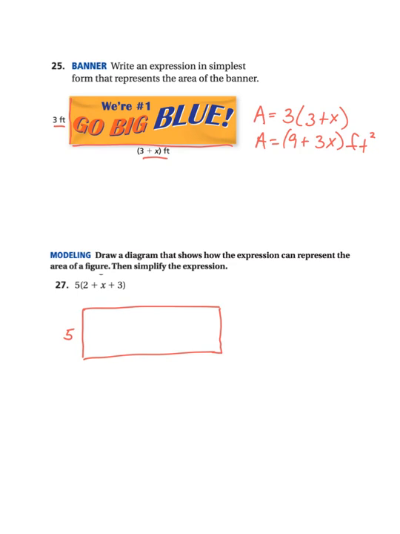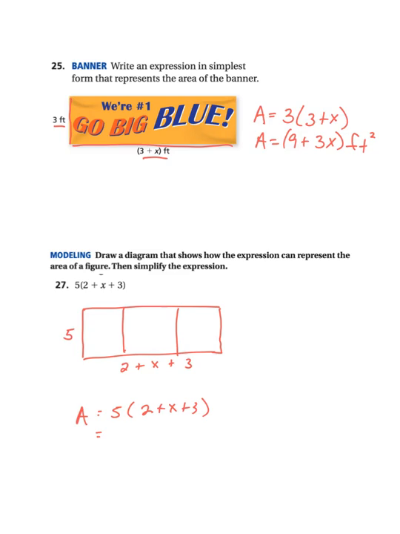And then the other one is 2 plus x plus 3. So I could kind of think of this as like 3 different sections. So when I find the area, I'm saying it's 5 times 2 plus x plus 3.